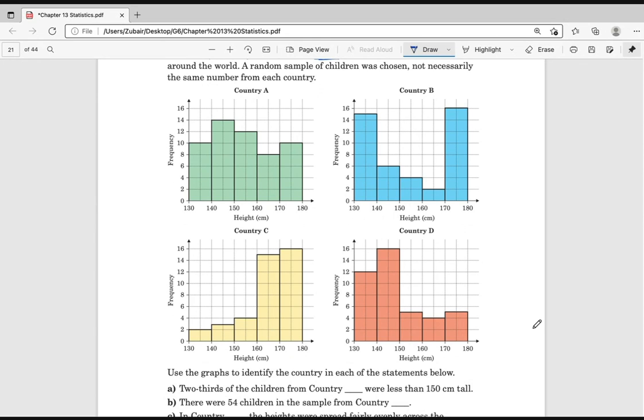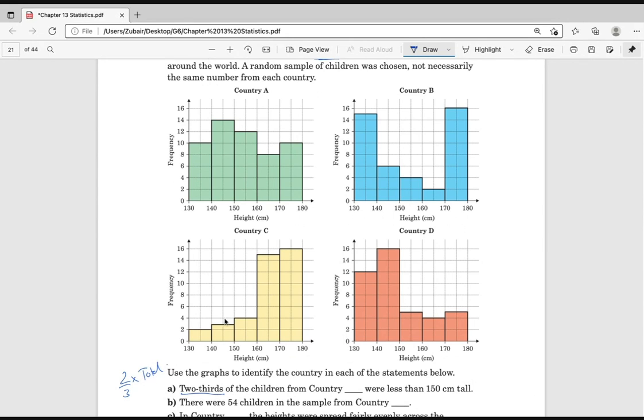So two-thirds of the children were less than 150 centimeters tall. Let's see the two-thirds. It will be less than 150 centimeters. C. Two-thirds means 2 by 3 of the total.